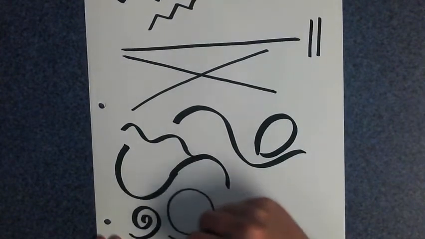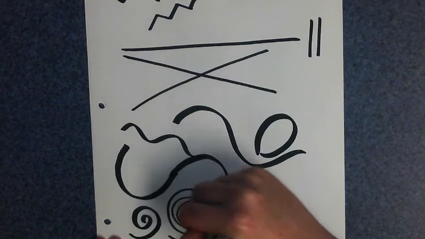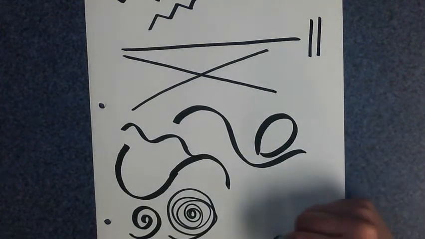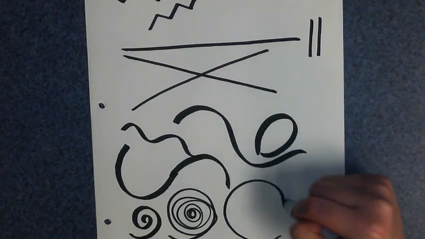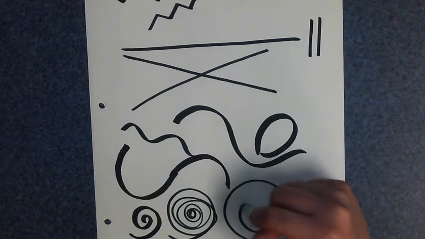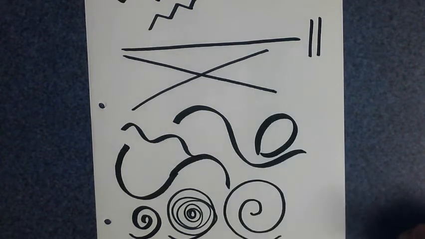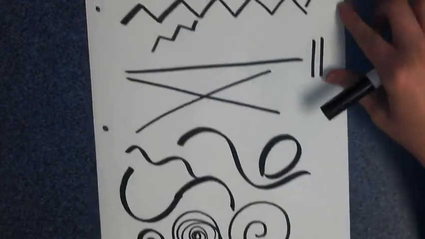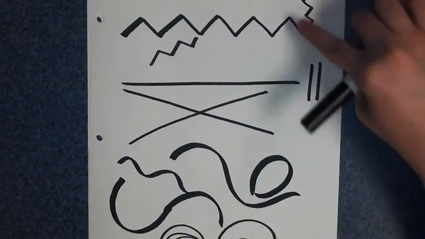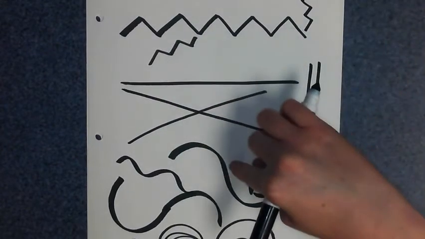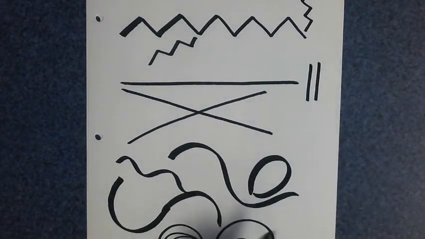Can make them really tight, like a spring, kind of loose, like a snail. So combine these four kinds of lines, zigzags, straight lines, some curved lines, and spirals, into a picture.